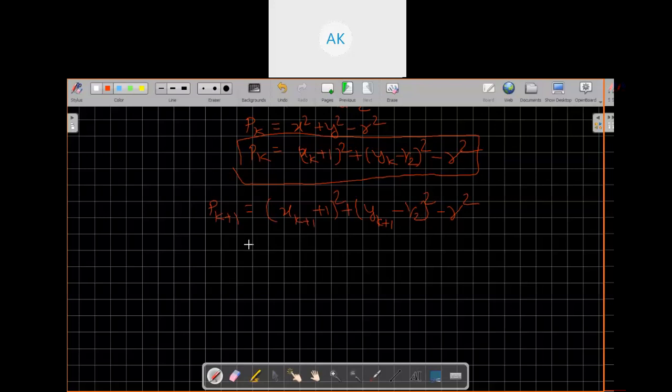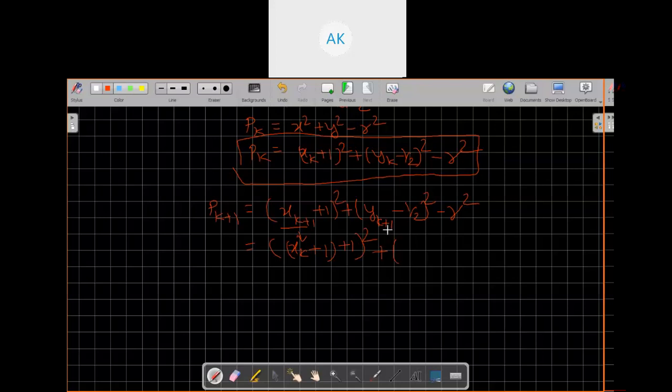Now you can simplify this. In midpoint circle drawing, xk plus 1, always it will be xk plus 1. Okay, we just change the value with xk plus 1, plus 1 whole square, yk plus 1.